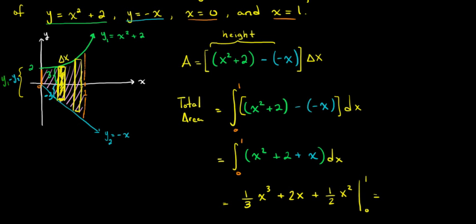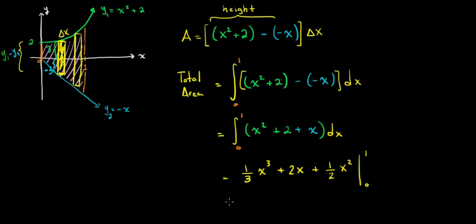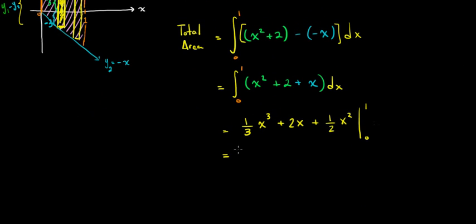Well, instead of working to the side, let me erase this and work down instead. If I plug in my upper limit, I'm going to have 1/3 times 1 cubed plus 2 times 1 plus 1/2 times 1 squared.